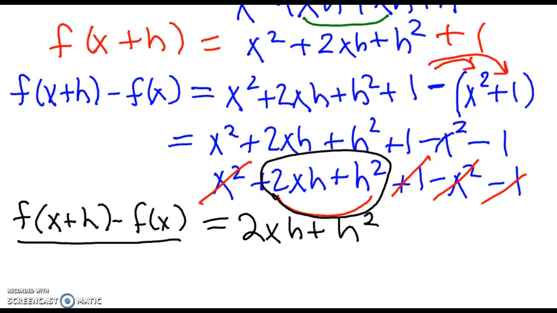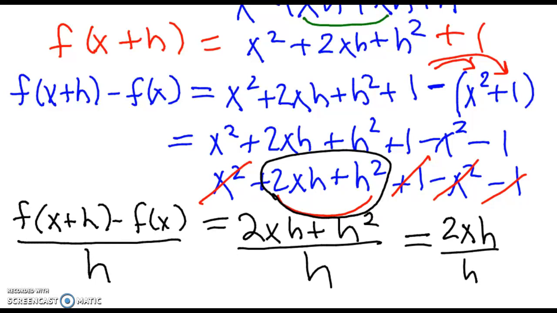And the difference quotient tells us we have to divide all of that by h. So we can simplify this, okay? We are dividing both terms by h, so that is the same thing as writing this ratio as 2xh divided by h plus h squared divided by h.